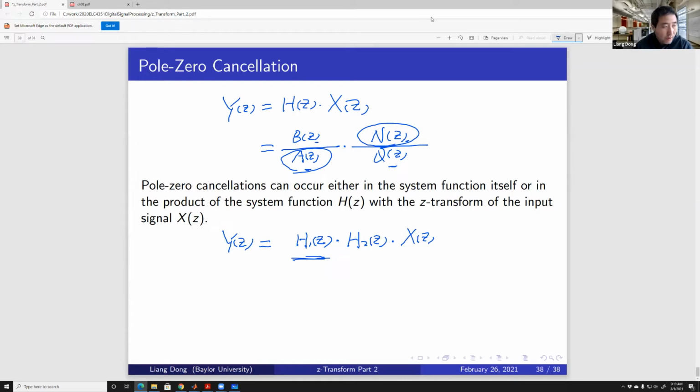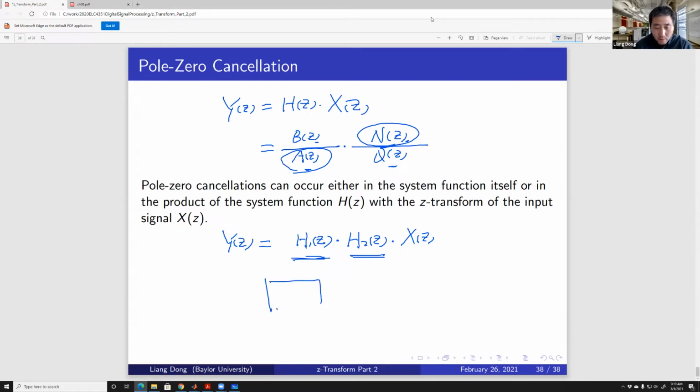Well, I got a pole outside the unit circle. Suppose everything is causal now. So for a causal system to be stable, the poles should be within the unit circle. But I got poles outside the unit circle. What can I do? Well, I can cascade another system, H2, that has a zero exactly at that position. Therefore, the zero will cancel out that pole.